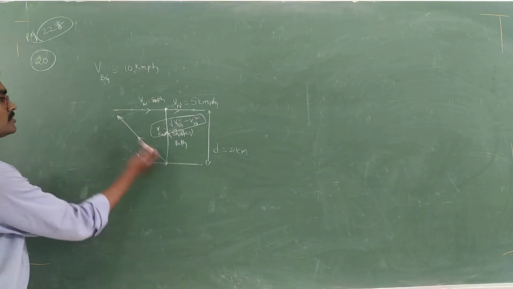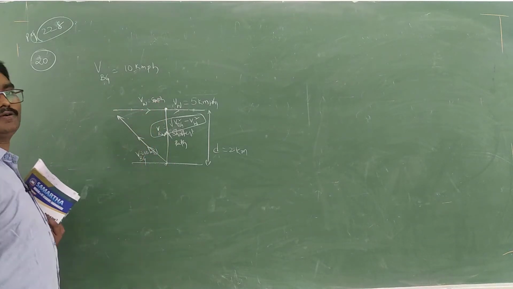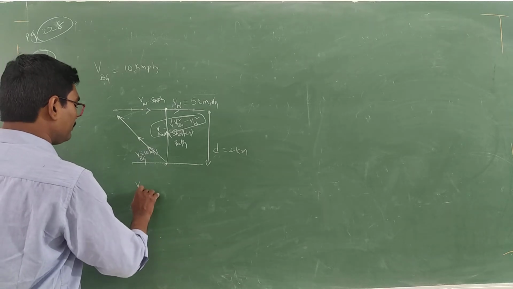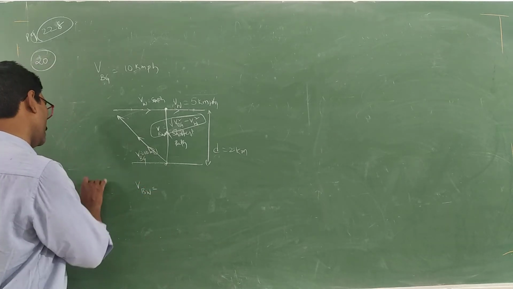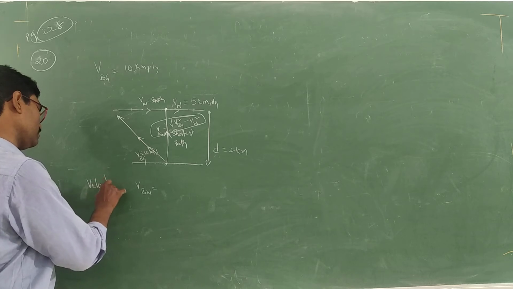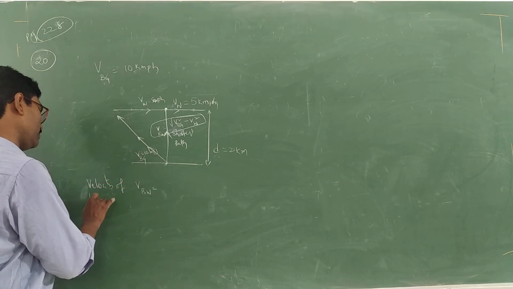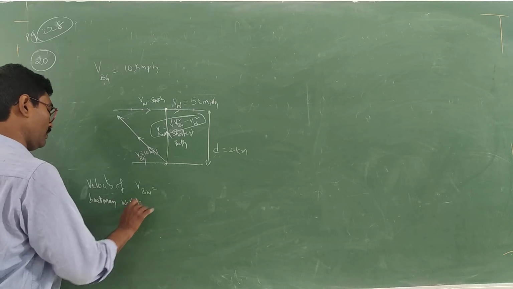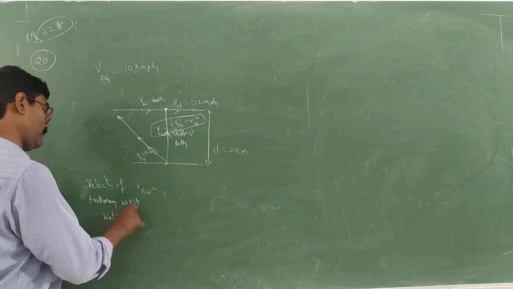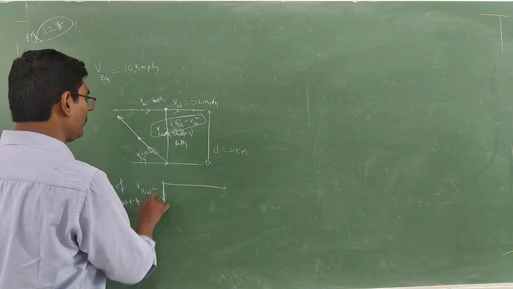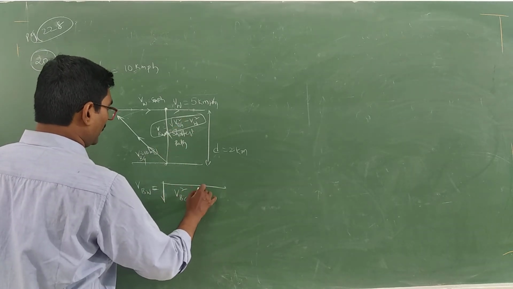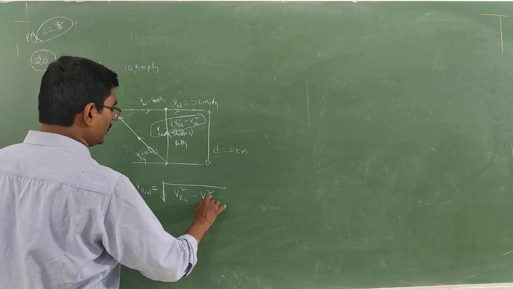This square minus this square is equal to this square. So VBW, the velocity of boat, boat means boatman, with respect to water, is equal to square root of VBG square minus VW square.